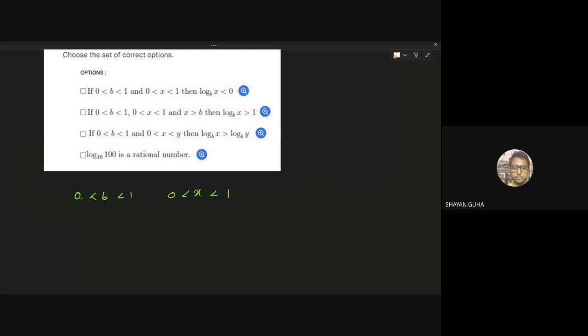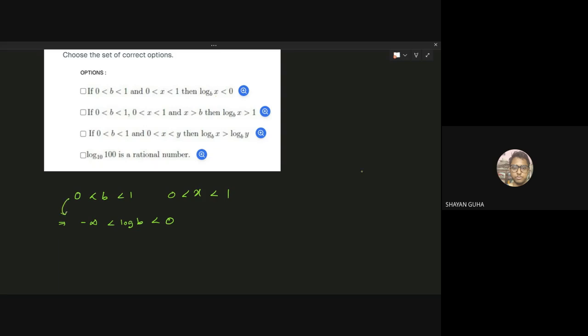If b is lying between 0 and 1, can you tell me the range in which log b is lying? I am considering log base 10 here. I can write it as minus infinity less than log b less than 0.